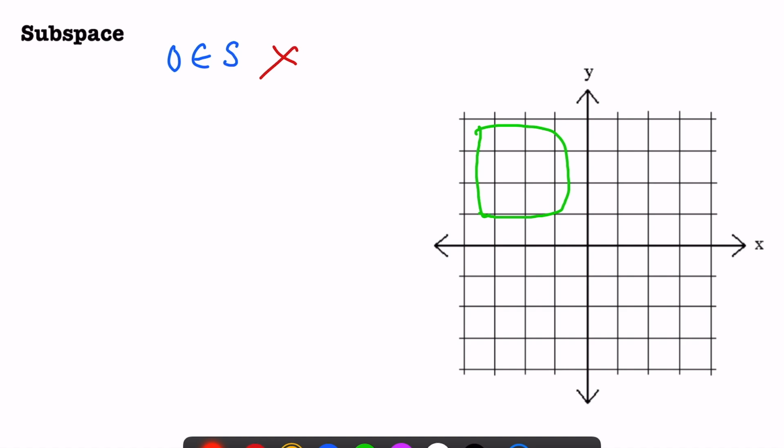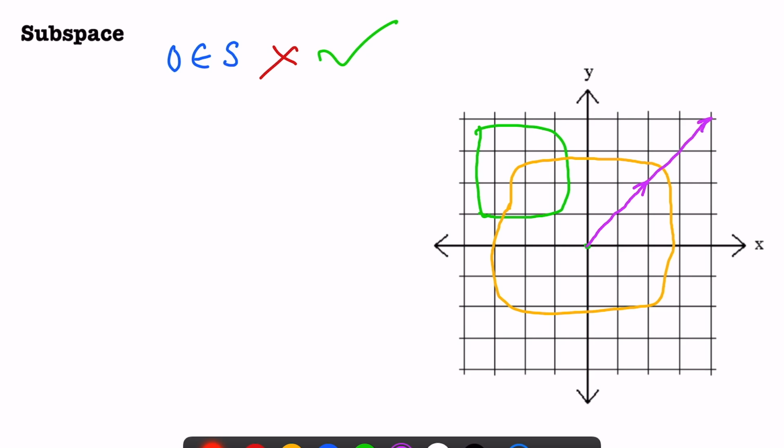Let's take one more subset. Is it a subspace of this xy plane? Now the zero vector belongs to this subset. Is it closed under scalar multiplication? Let's take one vector in this subset and scale it.